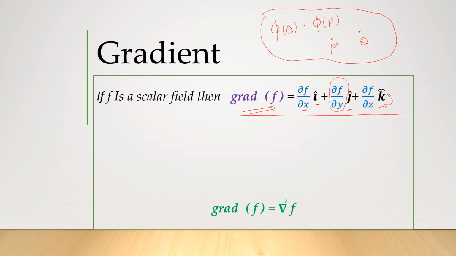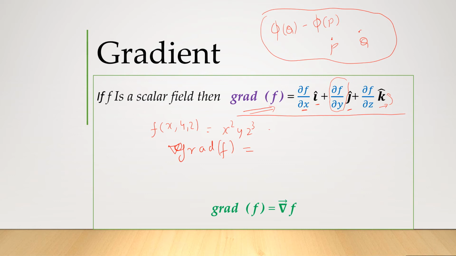Let us have this field f of x y z is x square y z cube. What is the gradient of this f? First let us write like this with words only. Gradient of f is equal to dou f by dou x.